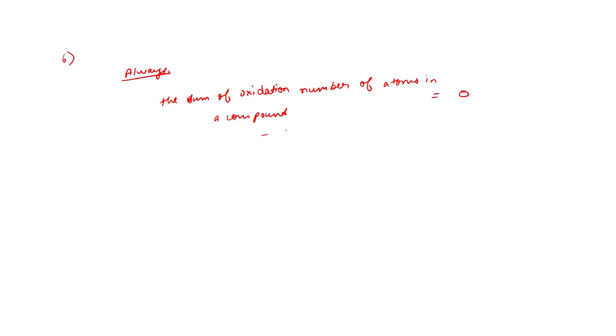Okay. Now, this 6th one is not a rule, but just one thing to keep in mind, that always the sum of oxidation numbers of atoms in a compound is 0.